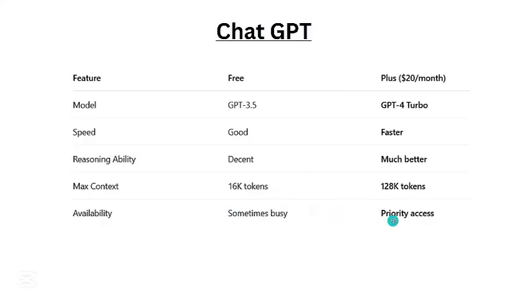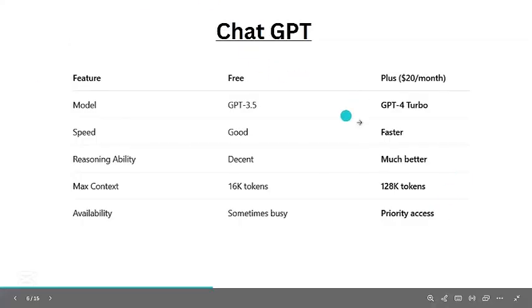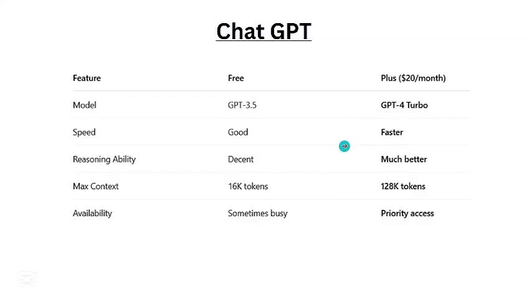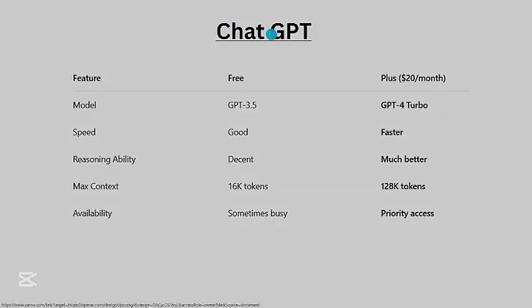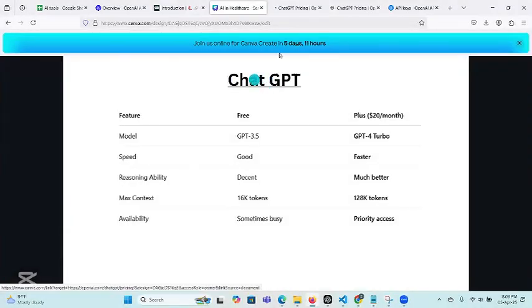Availability also, priority access is given in the Plus version. So this is about ChatGPT. I'll explain about the ChatGPT API as well. Before moving to that, I'll quickly show you.